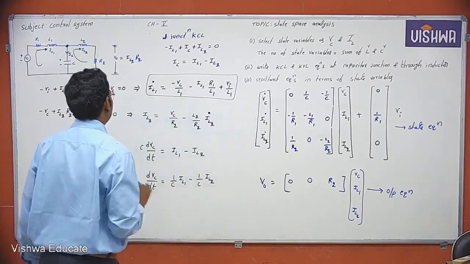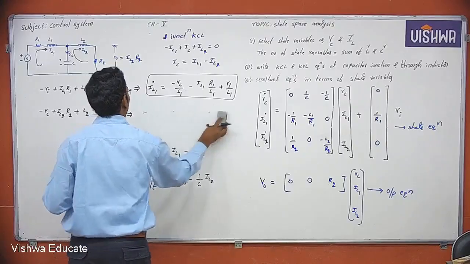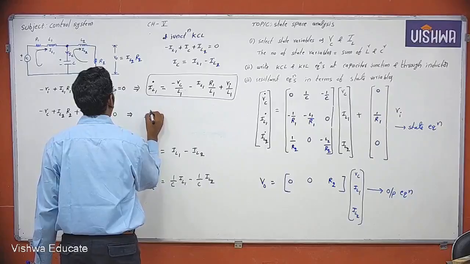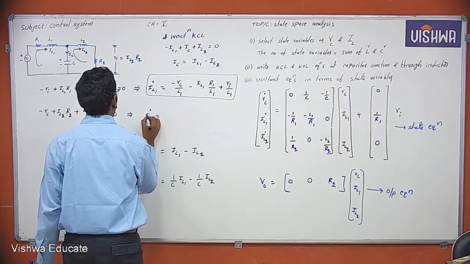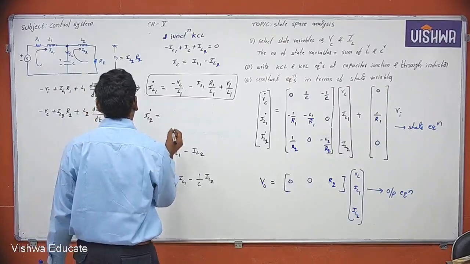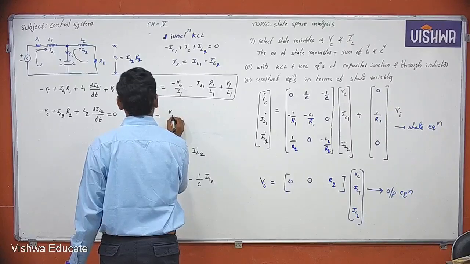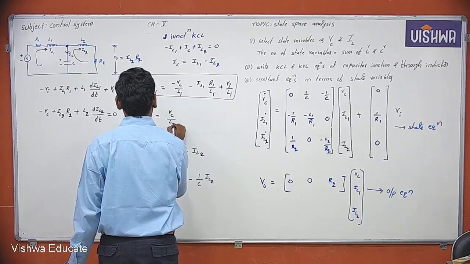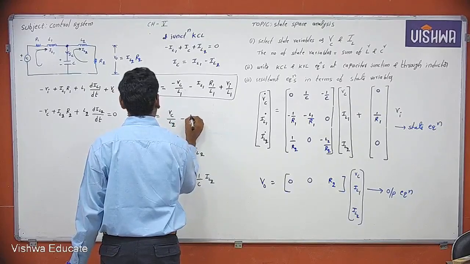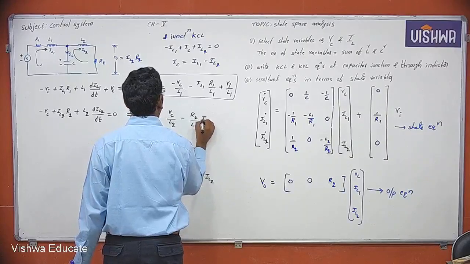Next, now here we want IL2 dash. IL2 dash is equal to plus Vc by L2, minus R2 by L2 into IL2.